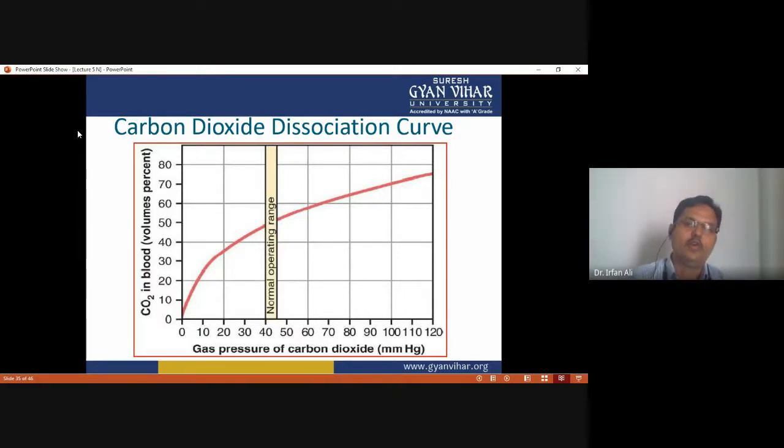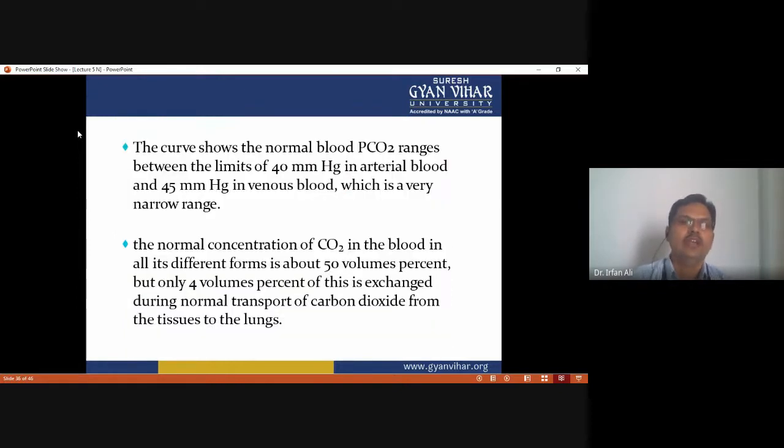The normal operating range, and the curve shows the normal blood partial pressure of carbon dioxide ranges between the limit of 40 mmHg in the arterial blood and 45 mmHg in the venous blood.